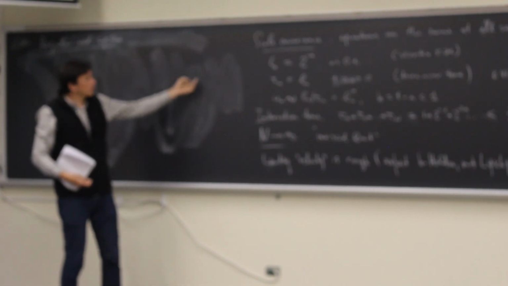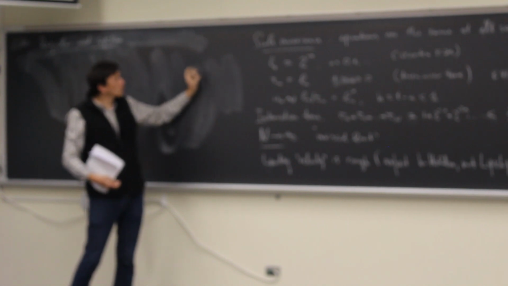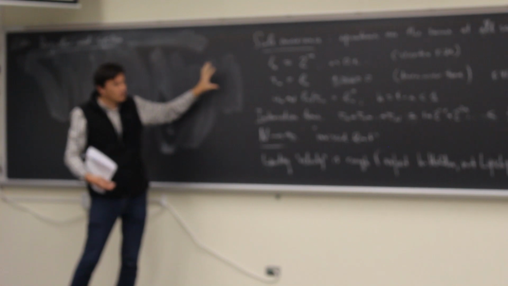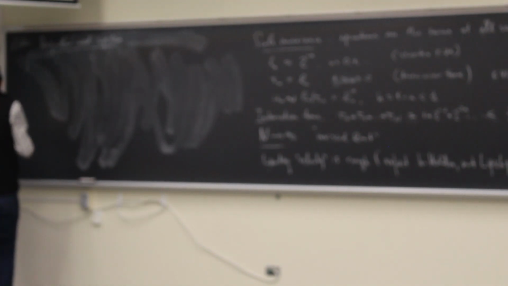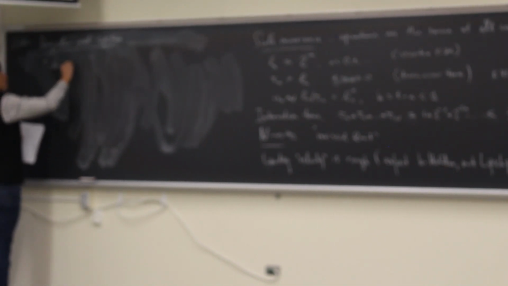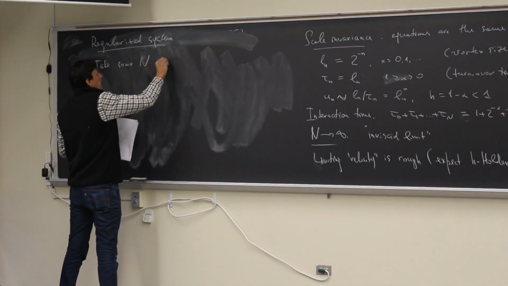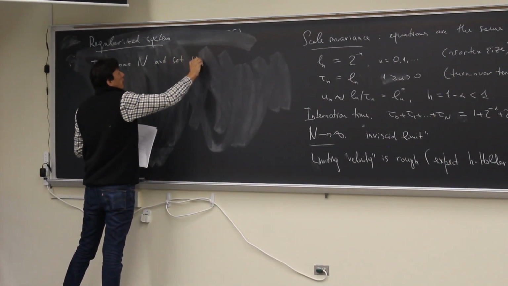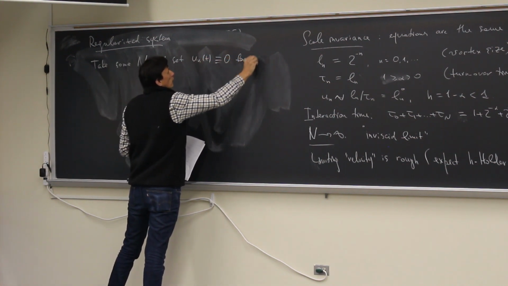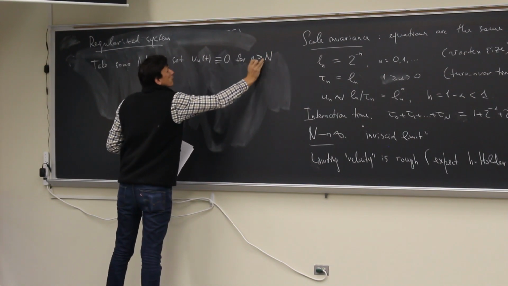And usually in liquids, what happens is that below a certain scale, all motion is killed by viscosity, so nothing happens below the smallest scale. So what we will do is take some N, which labels the smallest vortex, and set u_n(t) to be 0 for all n bigger than N.